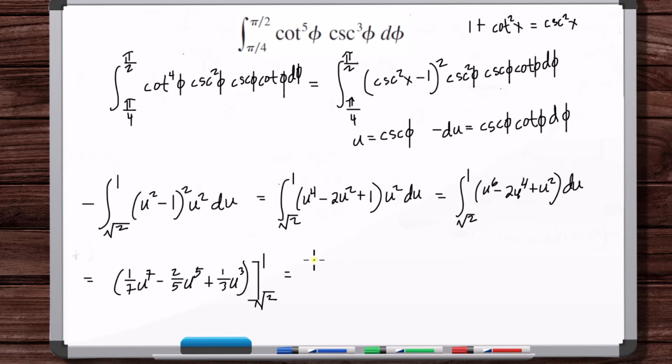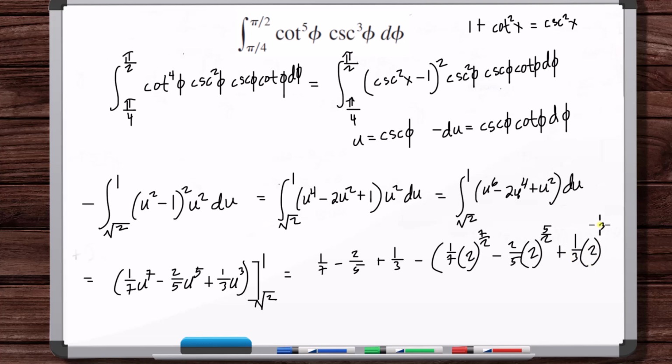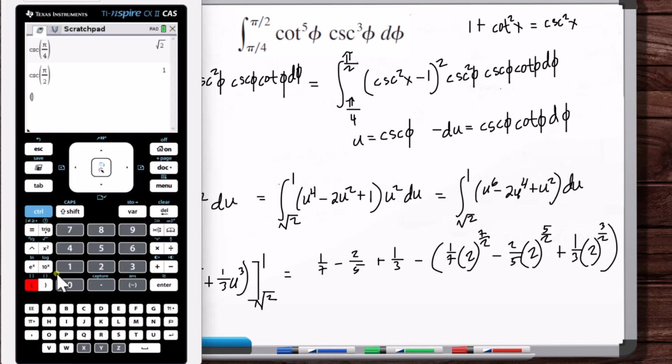All right, so, okay, let's save room here. Plugging in 1/7 minus 2/5 plus 1/3, minus 1/7 times root 2 to the 7th, so 2 to the 7/2, minus 2/5 times 2 to the 5/2, plus 1/3 times 2 to the 3/2. Okay, so 1/7 minus 2/5 plus 1/3.